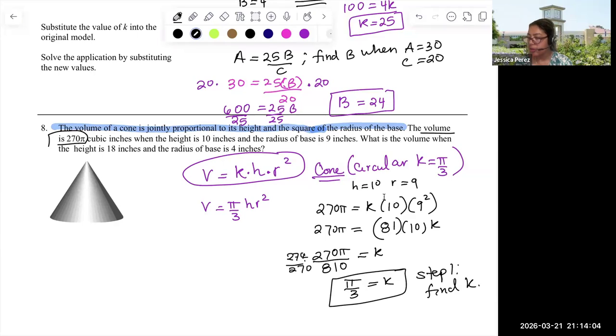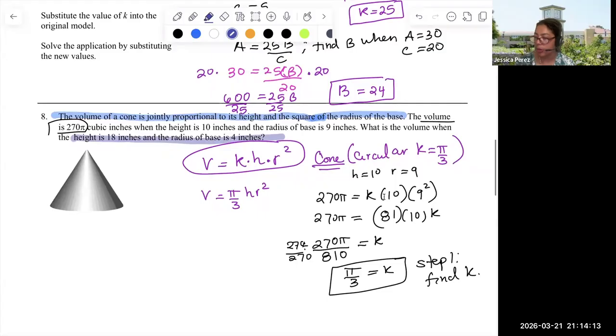Now, what is the volume when the height is 18 inches and the radius is 4? Now, this is what we're given. So in this case, we don't know V, but we found K. V is equal to pi over 3 times H times R squared.